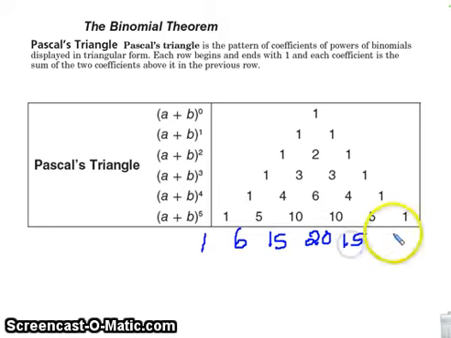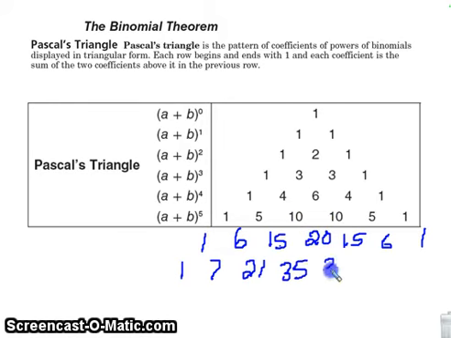If you understand how to do it without writing, it's good to have in your notes. 1 plus 6 is 7, 6 plus 15 is 21, 15 plus 20 is 35, 35, 21, 7, and 1.